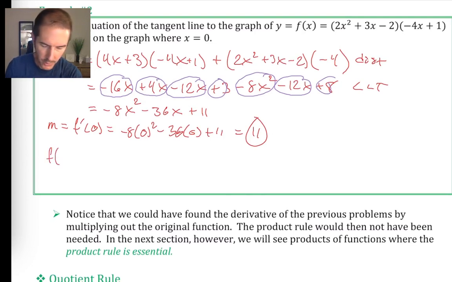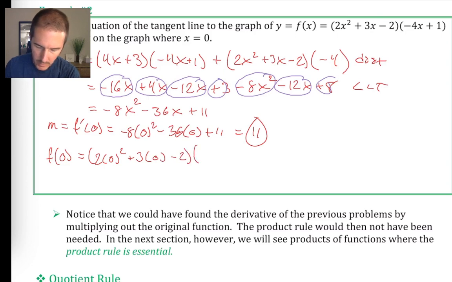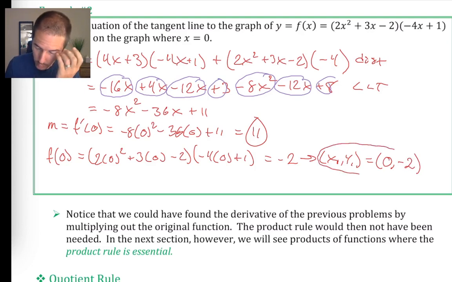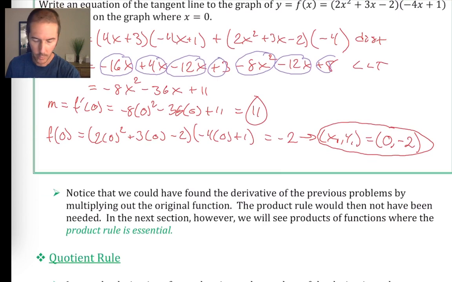So let's go into our original function f, plug in the 0, and that is 2 times 0 squared plus 3 times 0 minus 2 times negative 4 times 0 plus 1, which is negative 2 times positive 1, which equals negative 2, which means that x1, y1 is, we plugged in an x value of 0, we got out a corresponding y value of negative 2, so this is the point that we're going to be plugging into point-slope form.